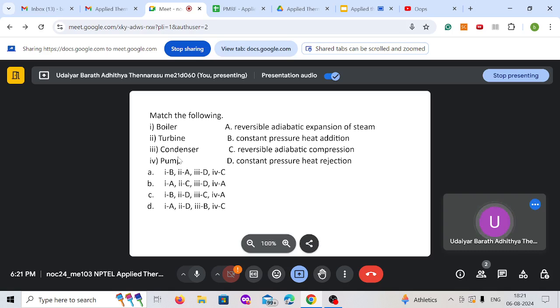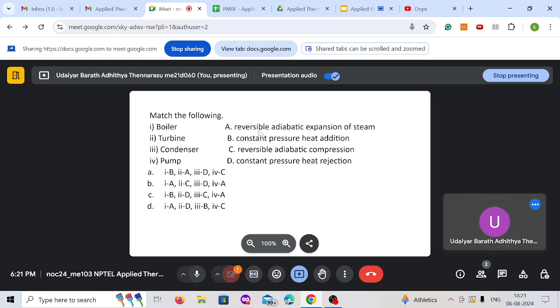So next is match the following. So you have 4 components of the Rankine cycle and also the 4 processes which are used. So which component goes through which process? So boiler is a constant pressure heat addition. So the answer for the first is B. Then turbine is a reversible adiabatic expansion of steam.